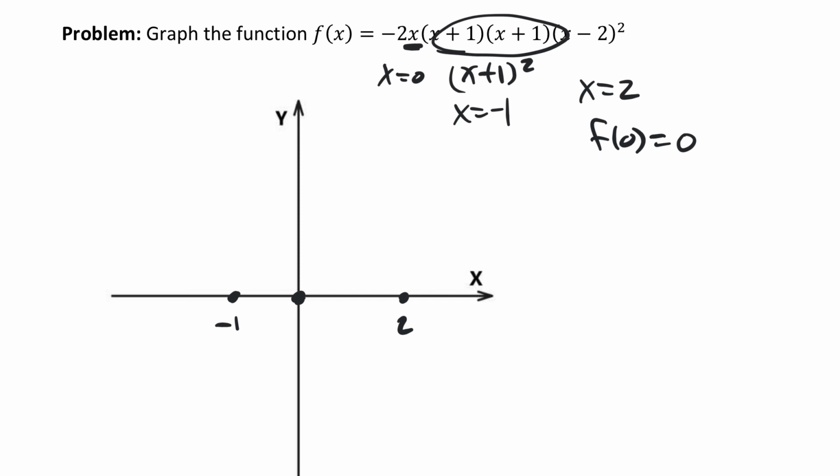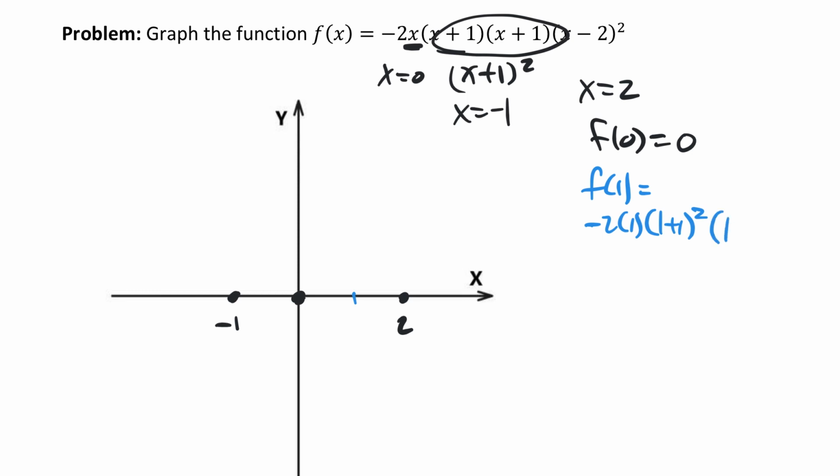So we need another point. I'm going to say maybe something like at 1. Maybe we'll try x equals 1, just to help us figure out between these two graphs which is which. And so we plug in x equal to 1. So I get -2 times 1, 1 plus 1. Well, actually, that's 1 plus 1 squared.